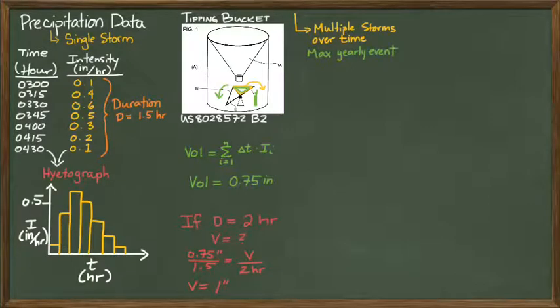What that gives us is this thing called the annual maximum series, and that's what is required to be used in Bulletin 17B to do the extreme value analysis. If our goal is to find out the most extreme storm we might expect for a given region, and what storm event we want to protect ourselves against, we need to go back through the historical data and pull out those maximum storms in any given year, and we use that to do the statistical analysis.